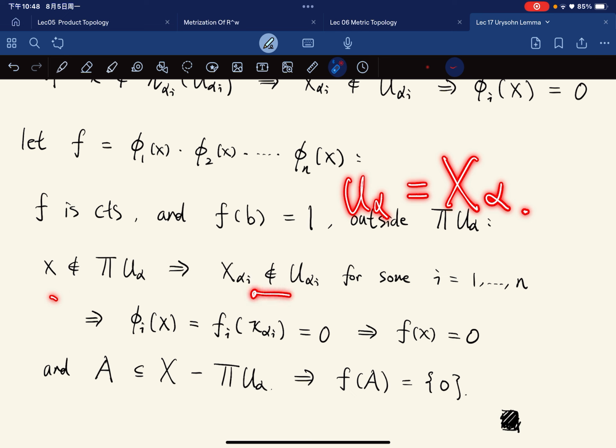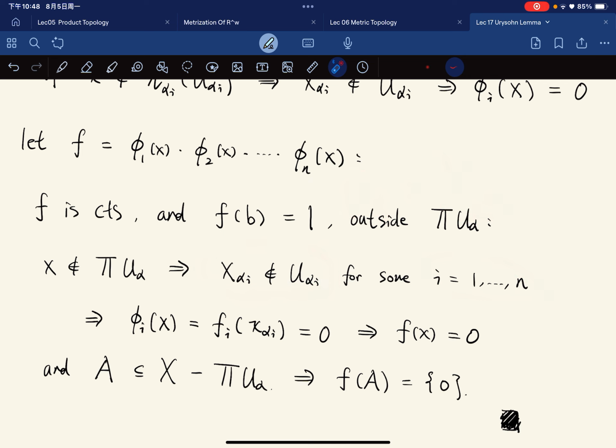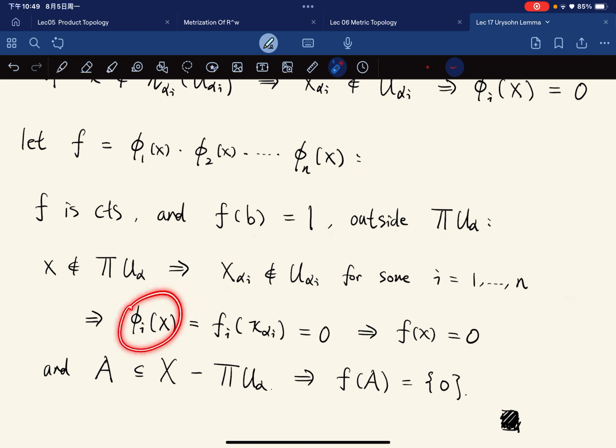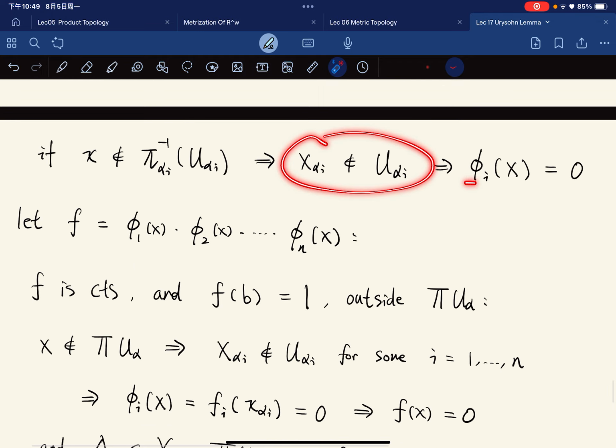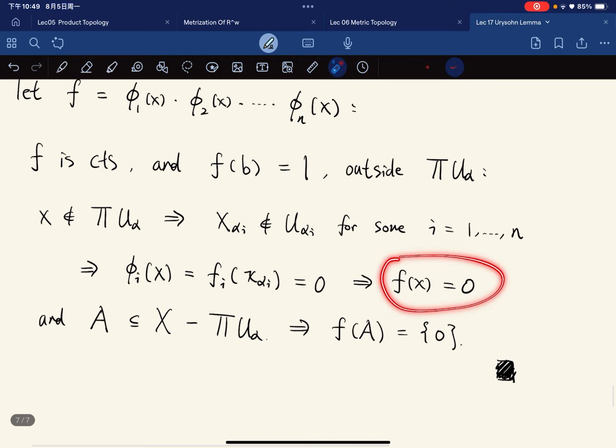All we can do is analyze those alpha i where U alpha i is open in X alpha i. So if we have this for some i, then phi_i of x will be f_i of x alpha i. But x alpha i is not in U alpha i, remember? So f of x is 0.